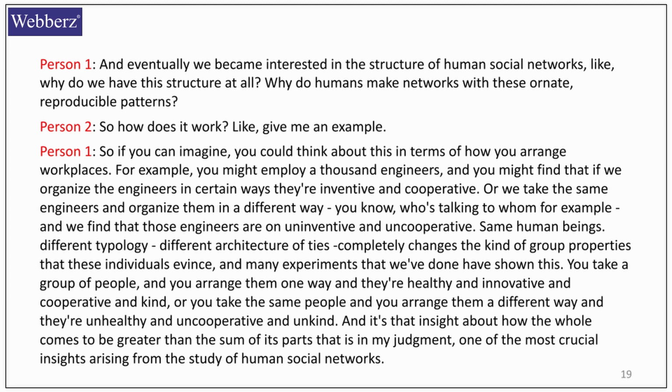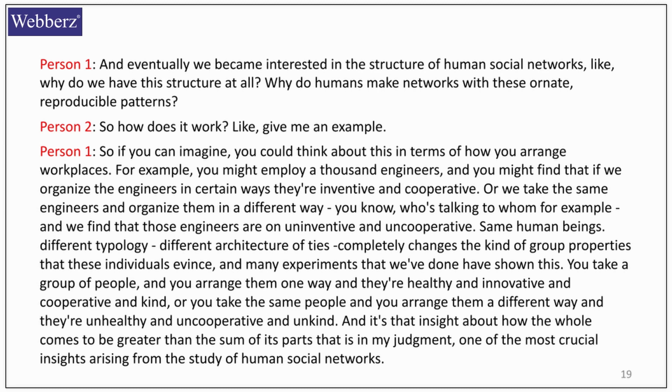And eventually, we became interested in the structure of human social networks. Like, why do we have this structure at all? Why do humans make networks with all these ornate, reproducible patterns? So how does it work? Like, give me an example. So, if you can imagine, you could think about this in terms of how you arrange workplaces.